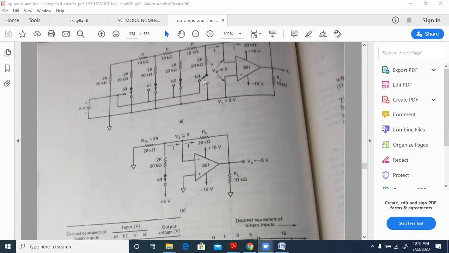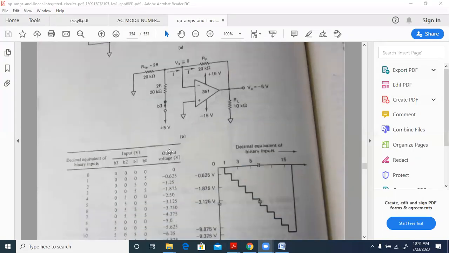So therefore, if the voltage for B3 is minus 5 volts, for just B1 the output voltage will be minus 5 by 8. Minus 5 by 8 will give us the step size, which will be minus 0.625.